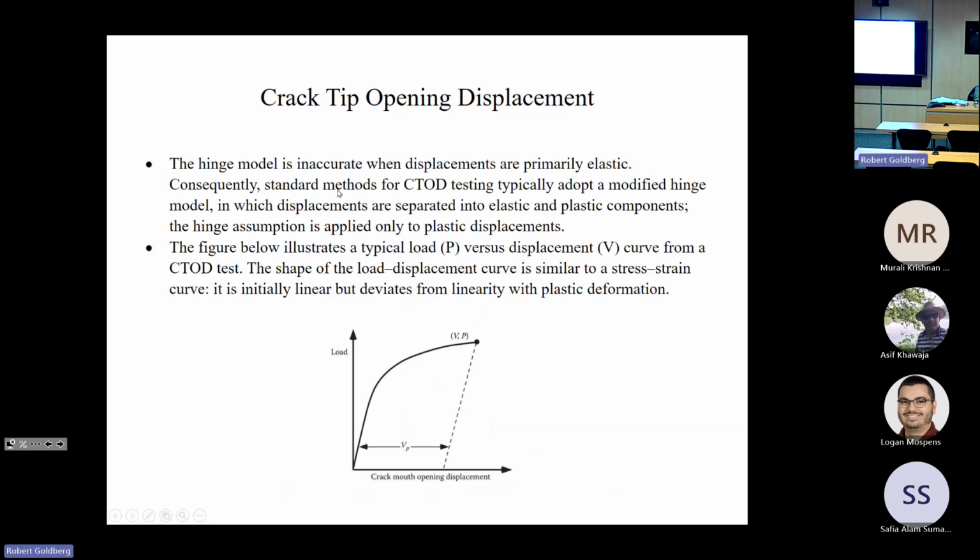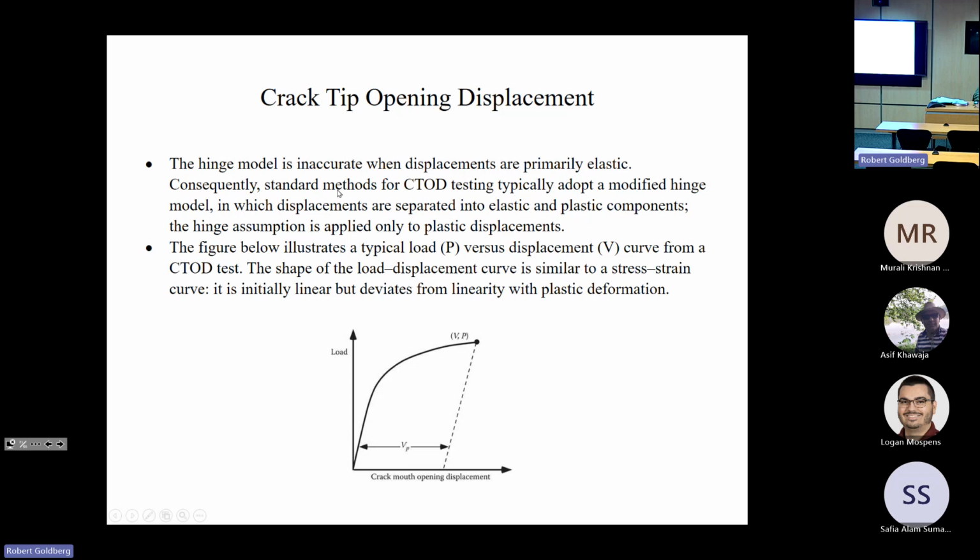So standard methods typically adopt a modified hinge model in which we take the displacements and separate them into elastic and plastic components, and we only apply our hinge assumption to our plastic displacements.